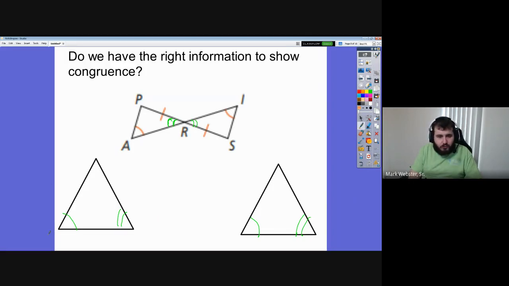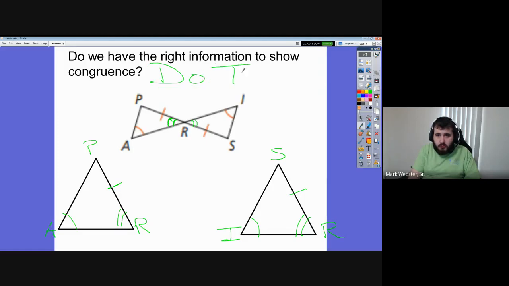So the one swooshie is A, the two swooshies is R. The leftover one is a P. The one swooshie on this one is I. The two swooshies again is an R. And the leftover one is an S, right? Where does the side pair go? On the left triangle, it's PR, so I'm going to put it here. On the right triangle, it's SR, so I'm going to put it here.